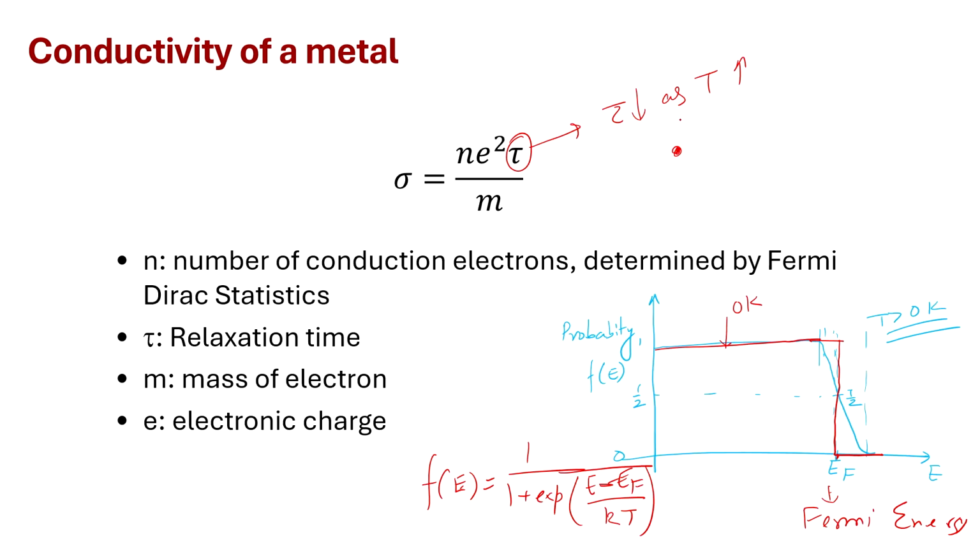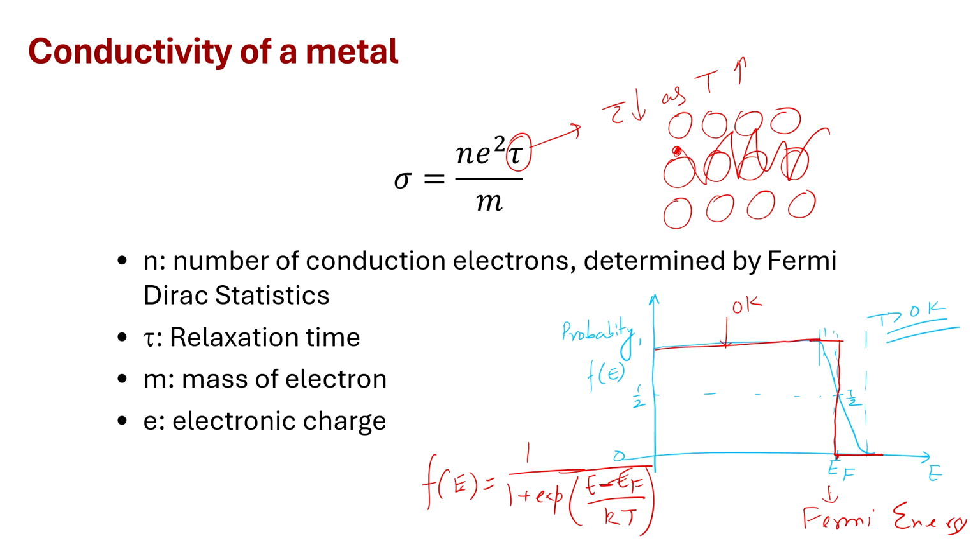So, the relaxation time goes down as the temperature goes up, because the electrons in a given solid are moving like this and they undergo a lot of scattering as temperature increases.